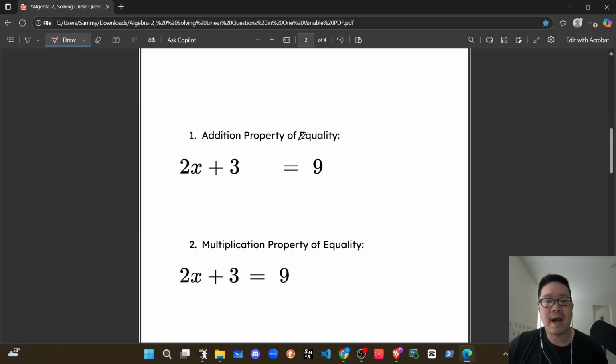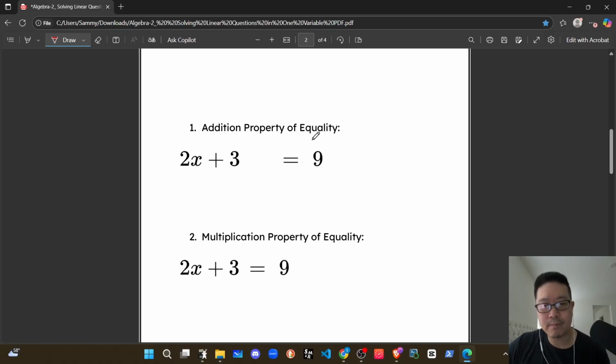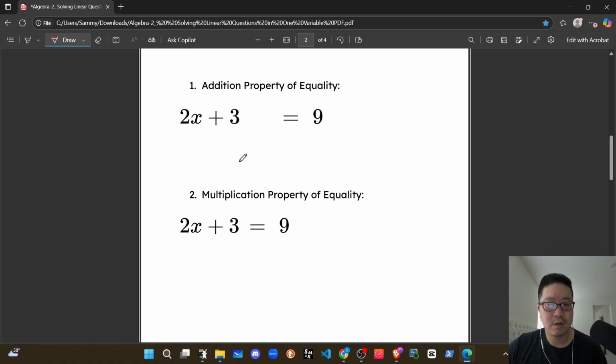Before we move on, I need to go over two very important properties of equations. The first one is going to be the addition property of equality. The addition property of equality basically just says whenever you add or subtract a number to one side of the equation, you must also do it to the other side of the equation.